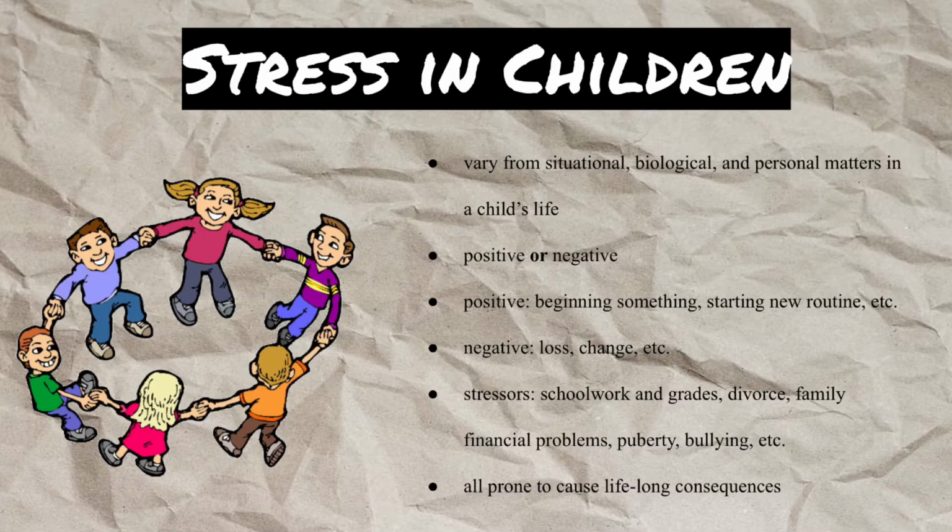It also has to do with biological matters that come from either parents or how the child copes with things that are beyond their understanding, and personal matters, like I said before, that also have to do with how they're dealing in life. Stress in children is often presented in two ways. It's either positive or negative, and I'll go more in detail a little bit later about how that shows in their life and what one can do in order to alleviate the situation if it's either way.